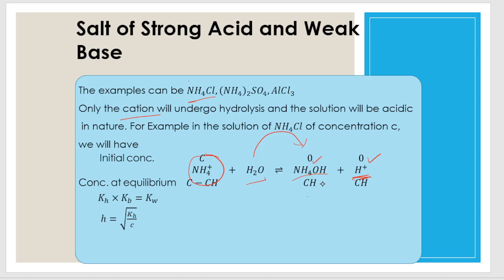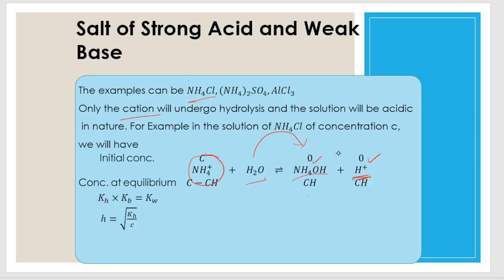As a result, the solution contains more H+ ions, and we can say that it is acidic in nature. Understand or not? Now, let us suppose that Kh is the hydrolysis constant.